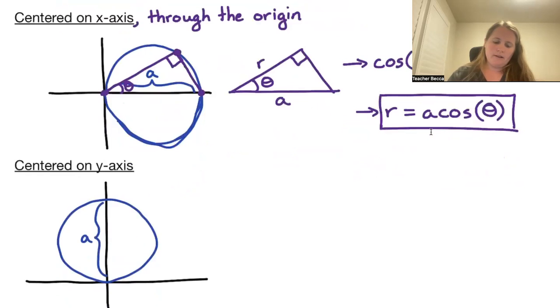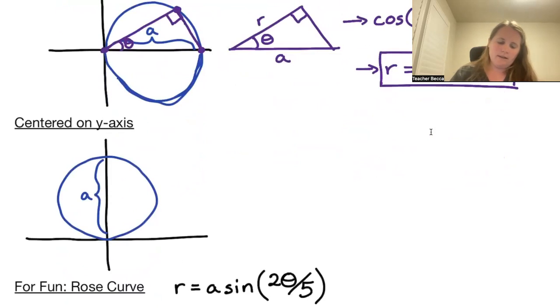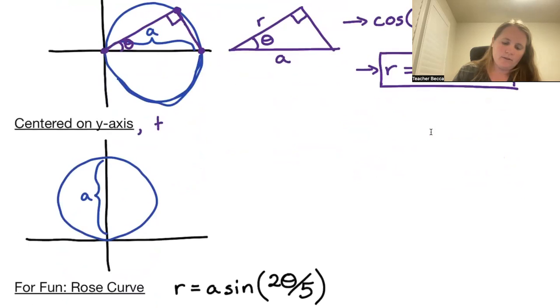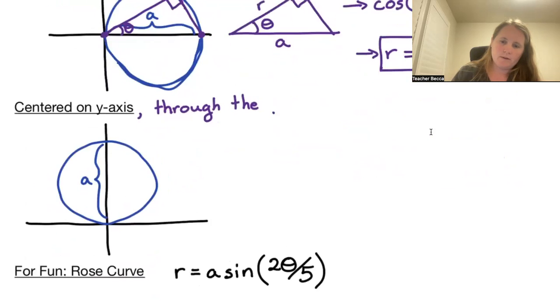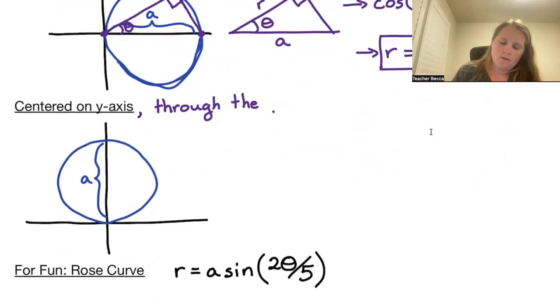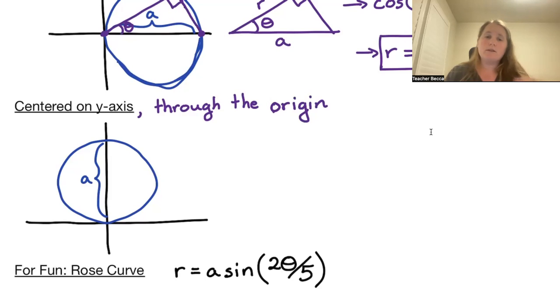If we look at a circle centered on the y-axis, again, that goes through the origin. We can pull the same trick we pulled here. So this time around, we're looking at a circle centered on the y-axis that goes, again, through the origin.